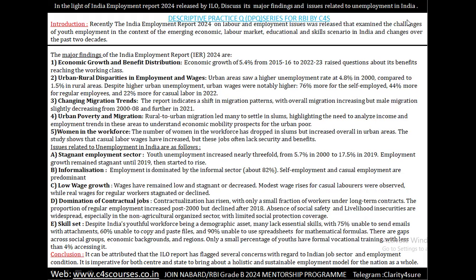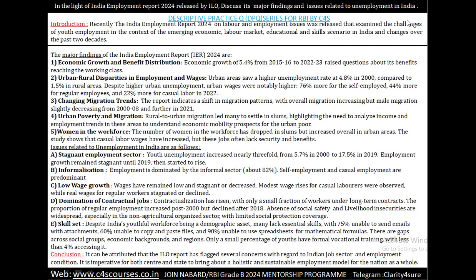But it also says that casual labor participation is more. The wages of casual labor have increased, but the benefits, that is the social protection measures, are limited for this sector.